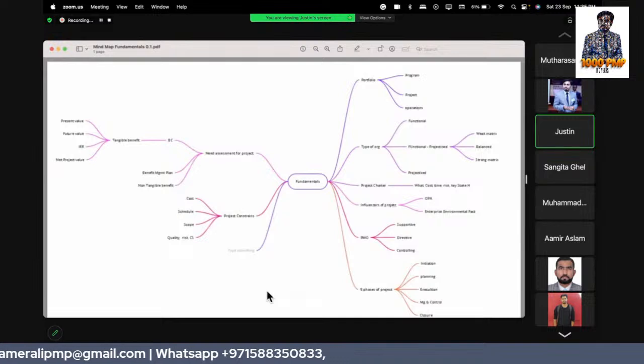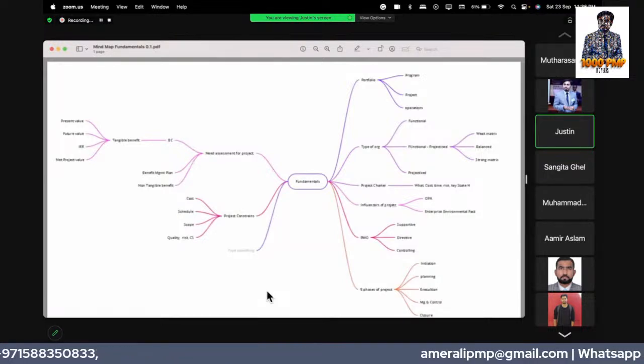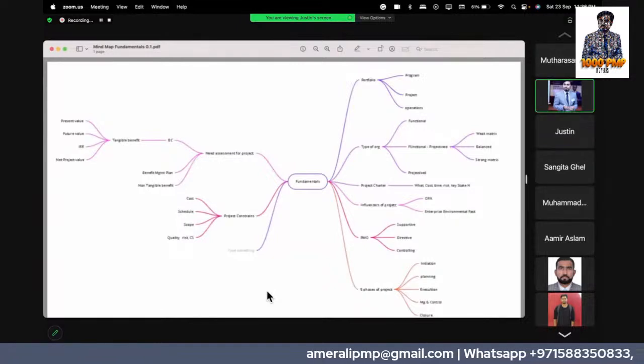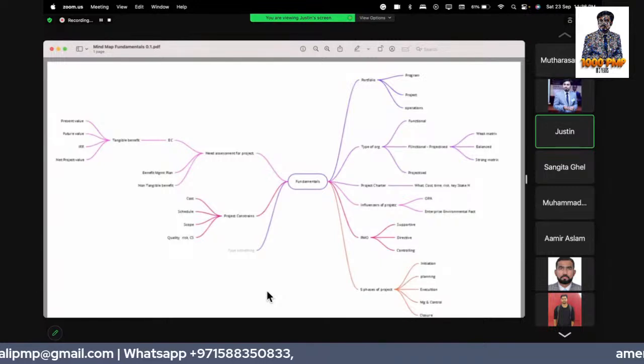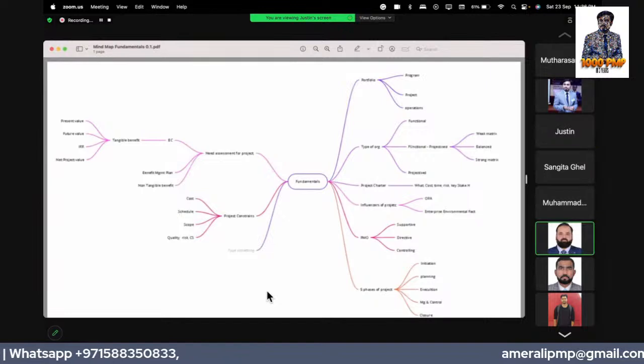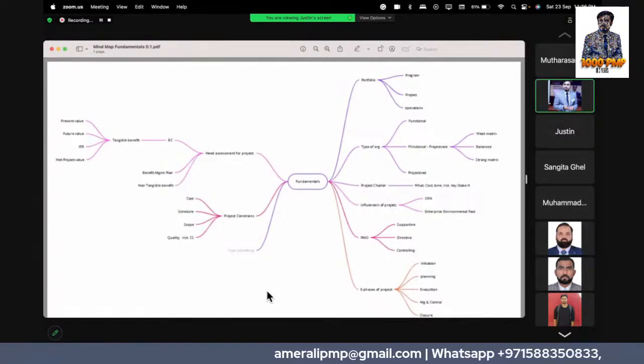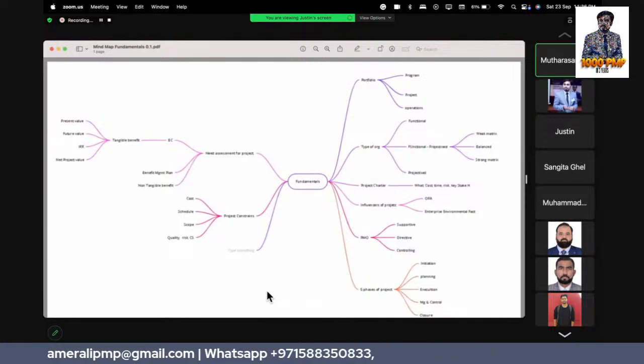Yeah. Move up. Just move the screen forward to Agile, please. Your screen is stuck on fundamentals, Justin.